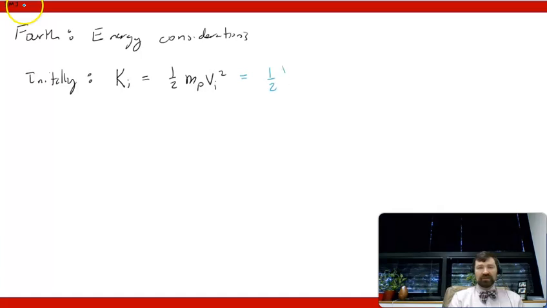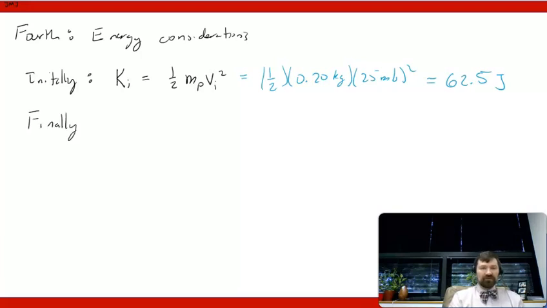So this is 1/2 times 0.2 kilograms times 25 meters per second squared. So 0.2 times 25 squared divided by 2 gives us 62.5. So 62.5 joules.